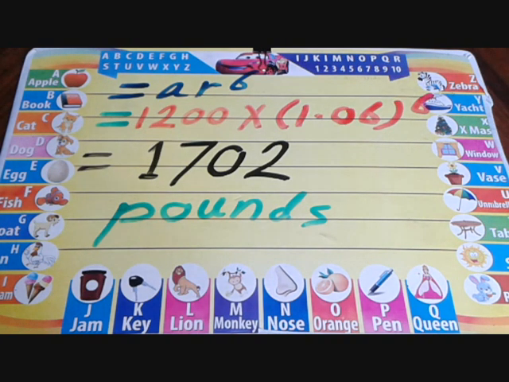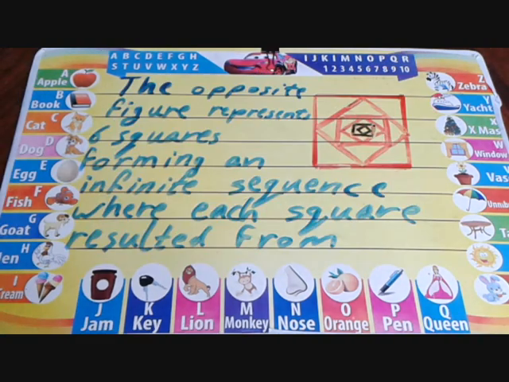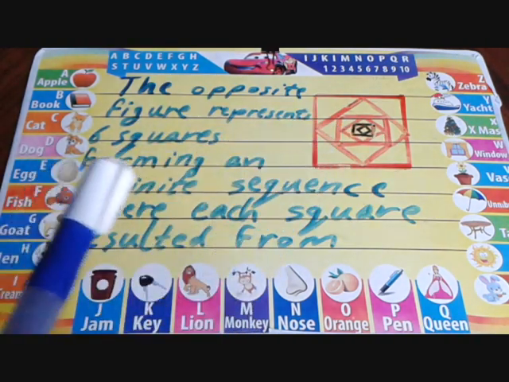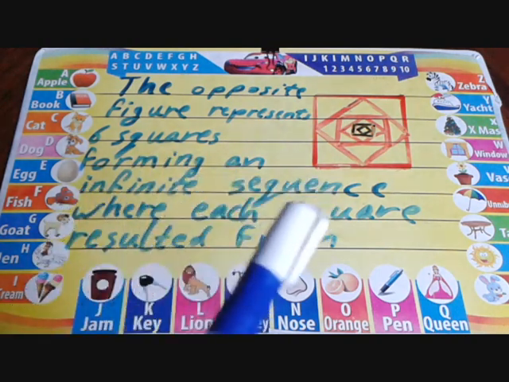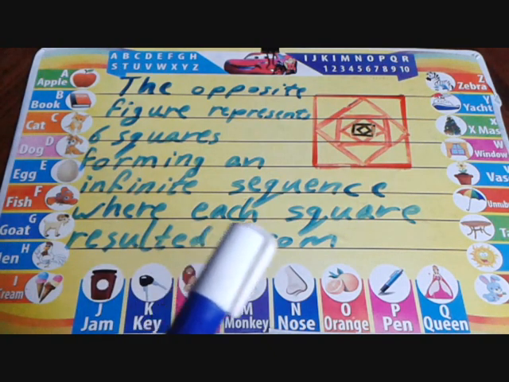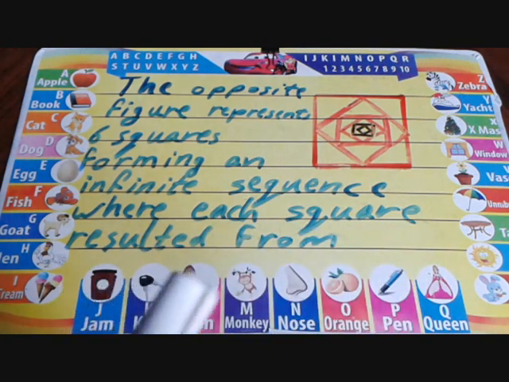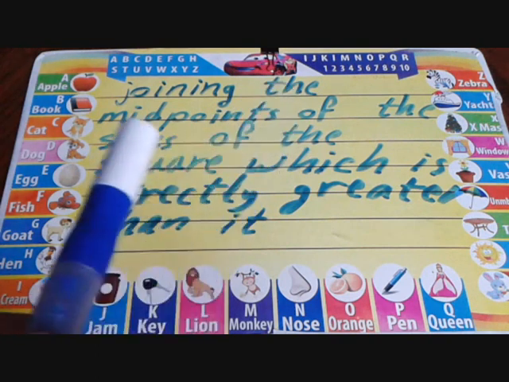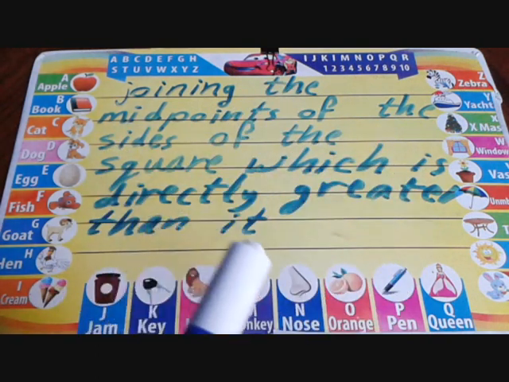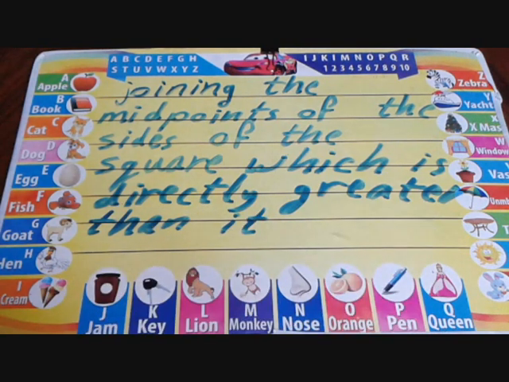Now we want to see another problem. The opposite figure represents 6 squares forming an infinite sequence where each square resulted from the midpoints of the sides of the square which is directly greater than it.